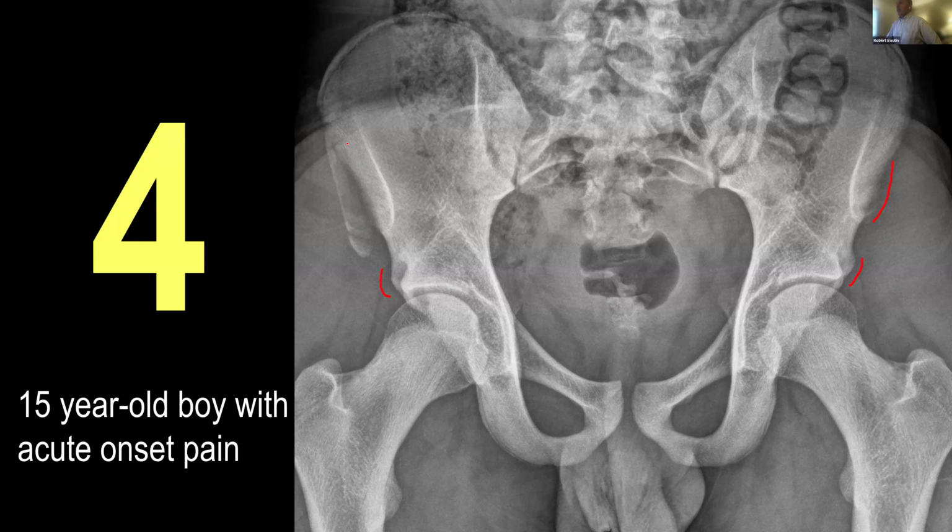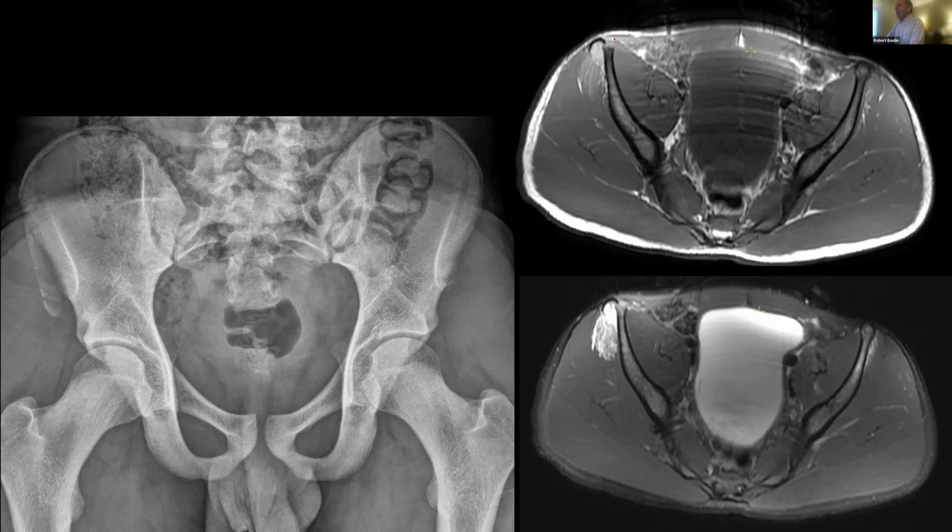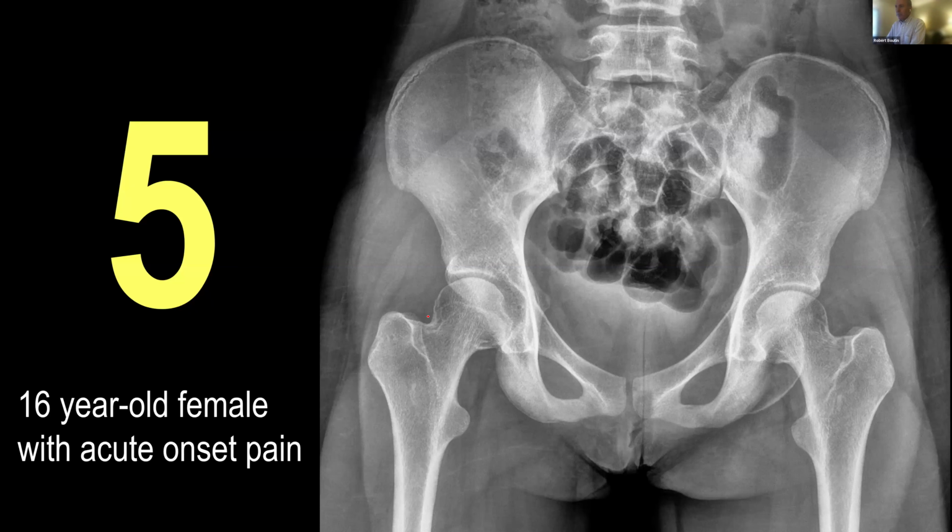Anterior inferior iliac spine looks okay, but here a big, huge avulsed fragment. And the patient went to MR, usually not necessary, but you can see that this fragment is displaced laterally a little bit and is associated with quite a bit of edema in the subacute setting. So this was a rather large anterior superior iliac spine avulsion.